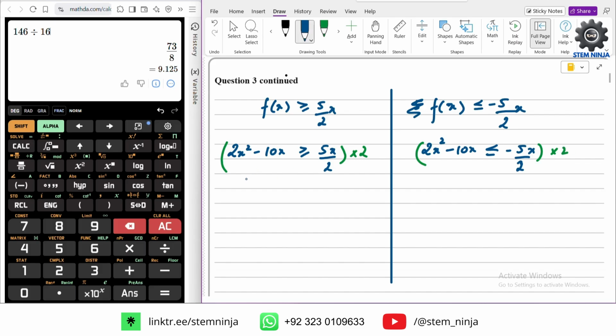You get 4x squared minus 20x greater than or equal to 5x. This would get us 4x squared minus 5x minus 20x, so basically this is 4x squared minus 25x greater than or equal to 0.